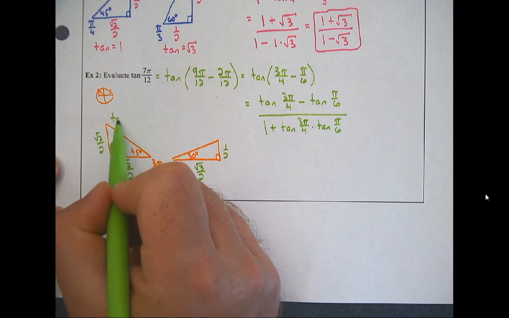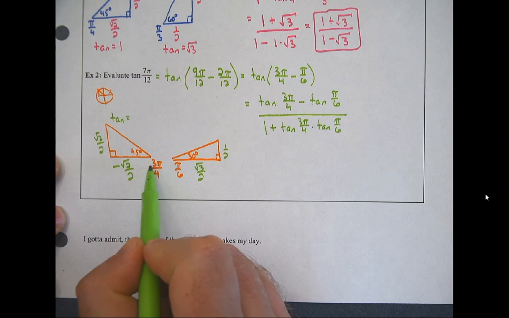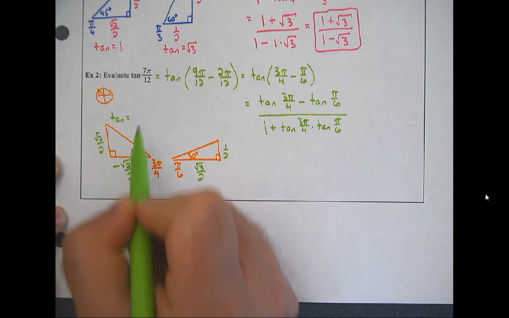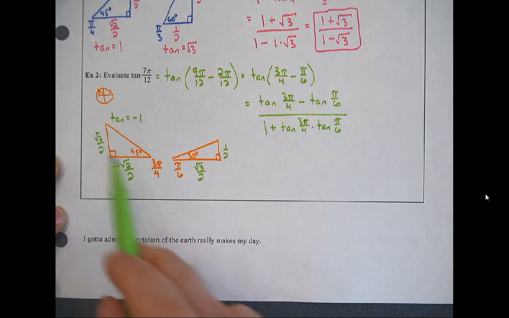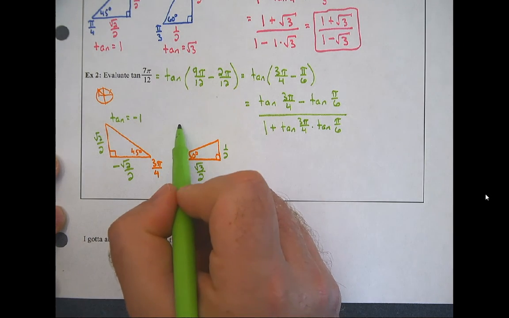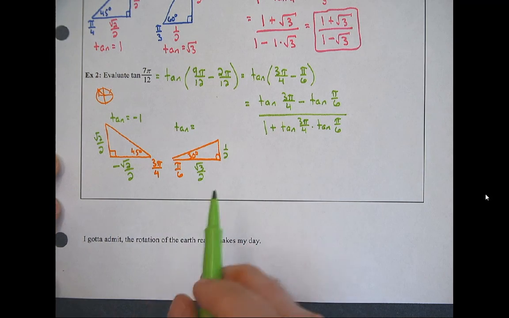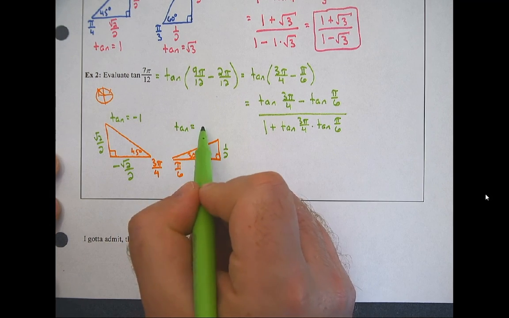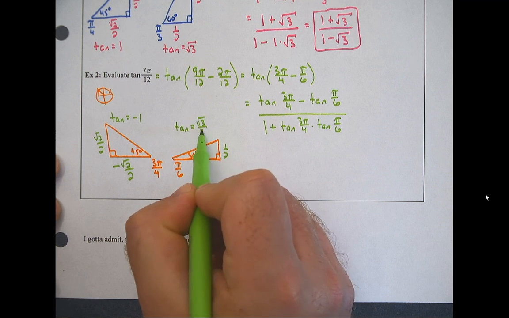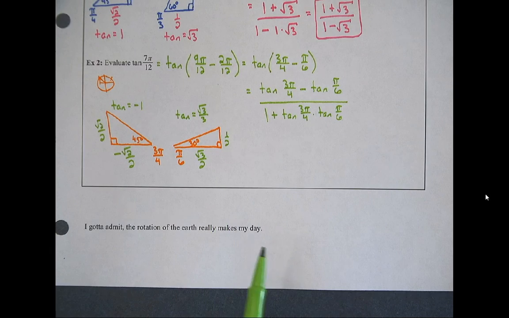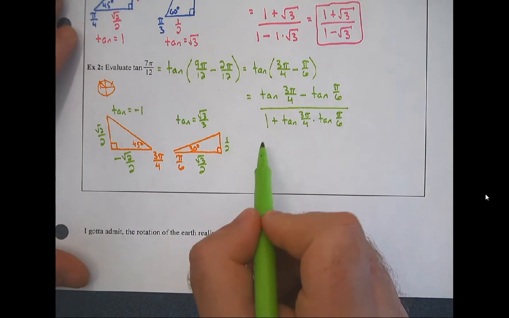So the tangent of my 3 pi over 4, that's going to be a positive and a negative. So positive divided by a negative is still negative. And then the tangent of this one, tangent of the 30, that would give me the root on the bottom. So that's root 3 over 3. That's a pain. We're going to have to deal with that when we plug and chug. You'll see what I'm talking about in a second. So, all right.